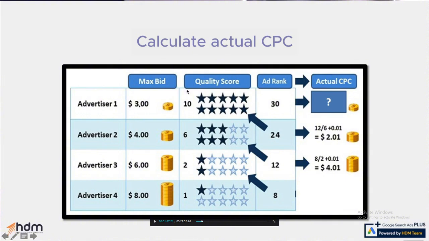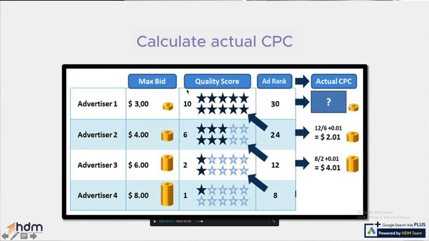Guys, Google considers a minimum ad rank based on those keywords and other factors, based on previous user behaviors, and so forth. Whatever data it has, there is a minimum ad rank that neither I know nor you. That advertiser 4, pay attention, or 3 or 2, I want to tell you.